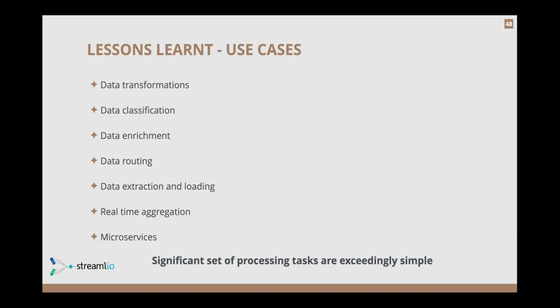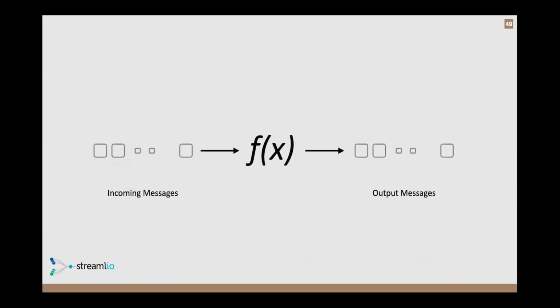Data transformations, data classification, some enrichment, some content-based routing, maybe extracting and loading some data, doing map lookups, doing some real-time aggregations, and again, very simple microservices-style processing. A significant bulk of the work is exceedingly simple, and so you don't want the overhead of a complex system and functional programming just to do something like data routing. That just seems to be a bit much.